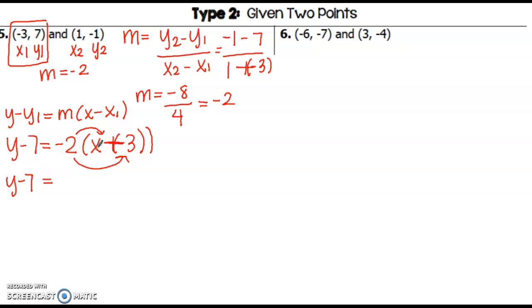We have -2 times x, that is a -2x. -2 times a +3, that is still going to be a -6. Now, since we're trying to isolate for, or solve for y, I'm going to add 7 to both sides. This is going to cancel. And we are left with our answer, which is y is equal to -2x plus 1.